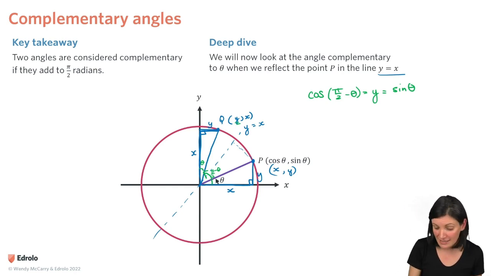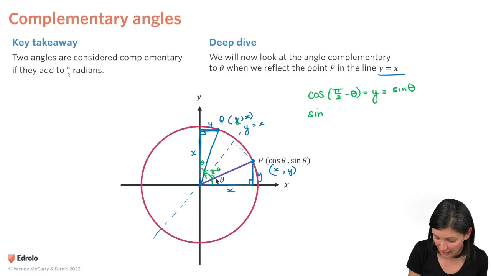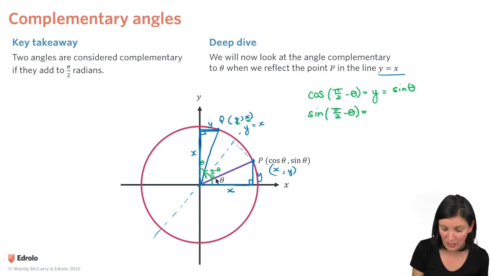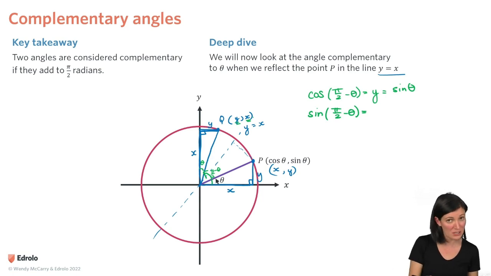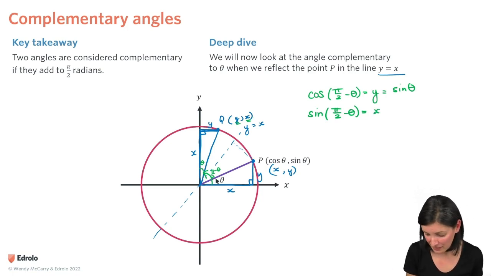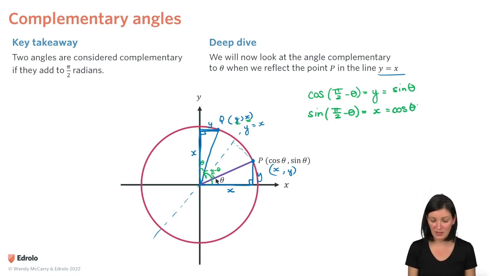And similarly, the sine of pi on 2 minus theta is now equal to my y coordinate, which is x. So that's equal to the cos of theta. So the sine of pi on 2 minus theta is the cos of theta. They're the same value. And the cos of pi on 2 minus theta is equal to the sine of theta.